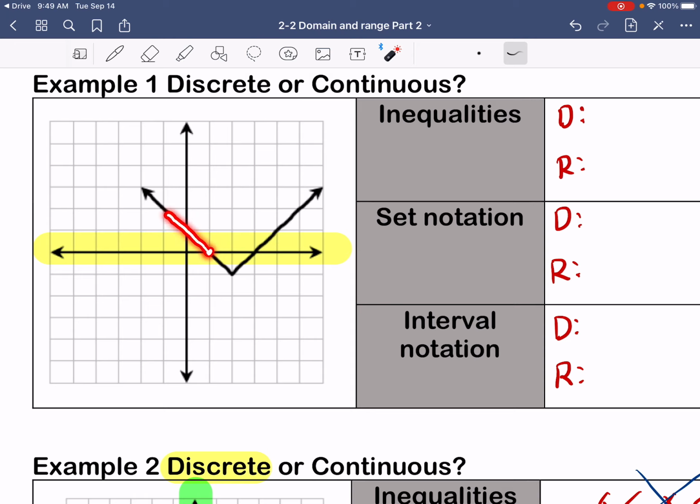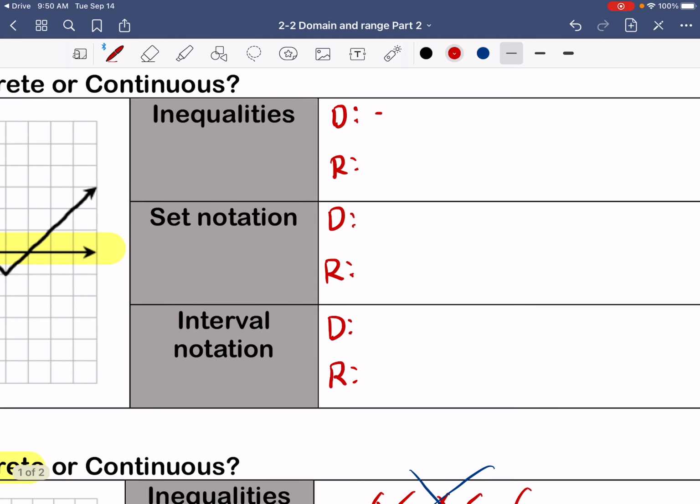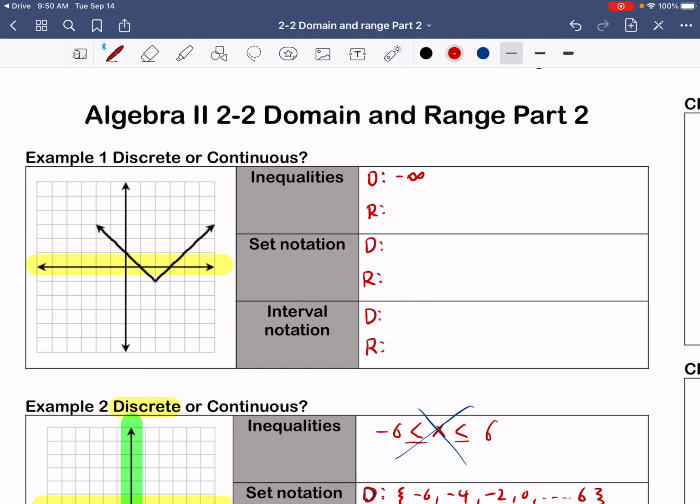It's going up, but it keeps going to the left as well. It's not here because this arrow means it keeps going. It does not stop. It keeps going to the left. It keeps going to the right. In this case, we call it what? Negative infinity, because it does not stop.